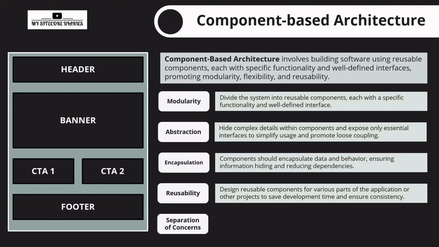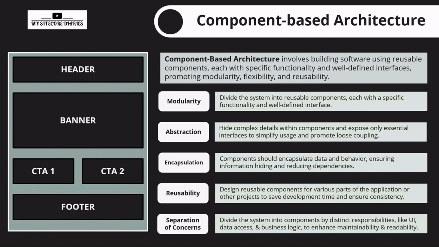Divide the system into components by distinct responsibilities like UI, data access, and business logic to enhance maintainability and readability. So UI can be separate, data access can be separate, business logic can be separate. On top of that, if you have different components altogether, the banner is separate, CTA is separate, footer is separate. So every component has its own responsibility, and it makes the code more maintainable and readable.